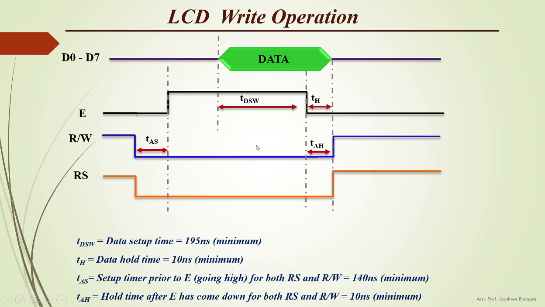And this is the time delay. This is TH, between when the enable signal goes low and when the data ends. This is nothing but the data hold time, and it is 10 nanoseconds.